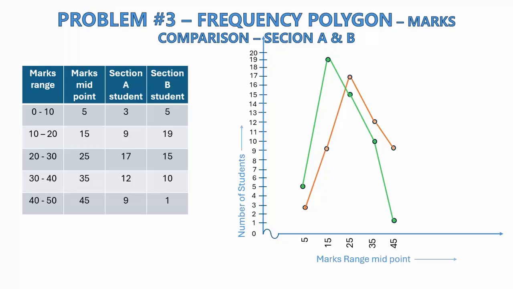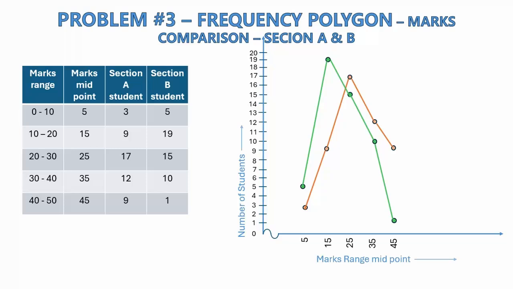Now if you want to compare these two classes, note that the number of students in the higher marks like 25, 35 and 45 are more in section A, which means more students have performed and got better marks in section A. See, for the marks which fall in the range around 5, of course section B has more students because green is above orange. Similarly for 15 also, green is above orange.